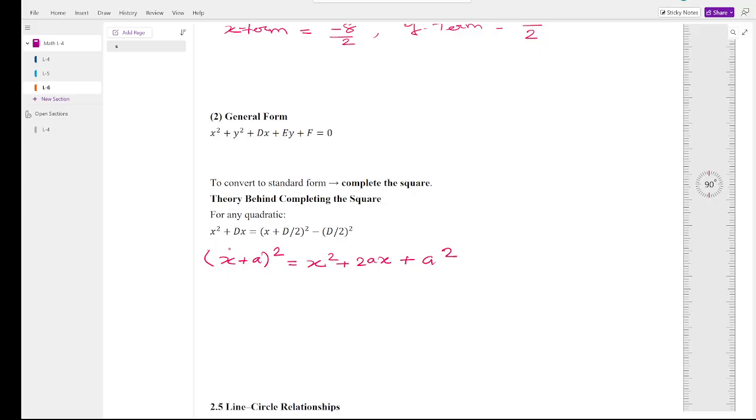So now we compare x squared plus dx with this. x squared and dx here. So we can write d equals 2a, d about the x coordinate and 2a about the x coordinate here. So a equals d divided by 2.